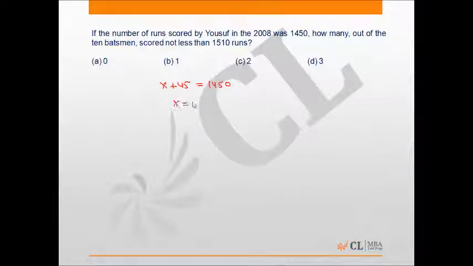So x will come out to be 1405. Now I need to find how many batsmen has not scored less than 1510. So if I compare 1510 with 1405, I'll get 105. So as compared to 0, which I used in the earlier case, my runs should not be less than 105.